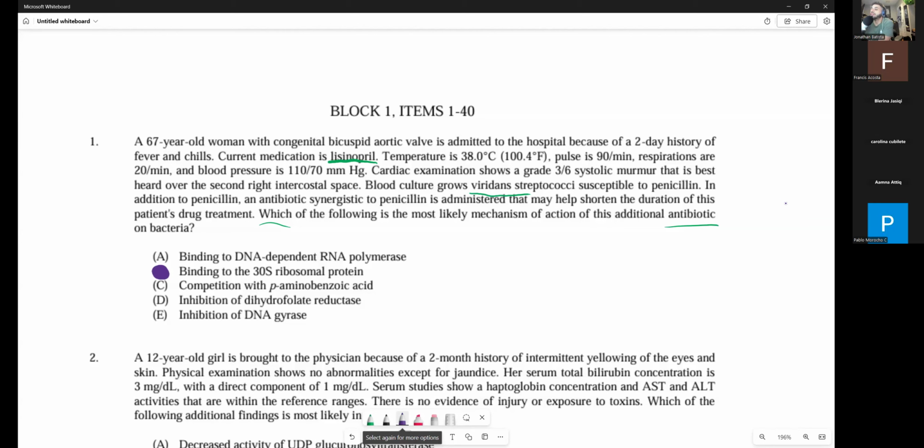Viridans is a streptococci. Remember that streptococci is further differentiated by its hemolytic properties. You have alpha hemolytic, beta hemolytic, and gamma. So remember, for alpha, I have a mnemonic. I have VROPS instead of drops. VROPS. Viridans is resistant to optochin, but pneumoniae is sensitive.